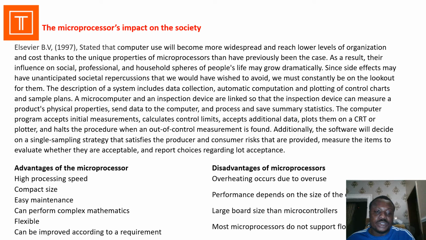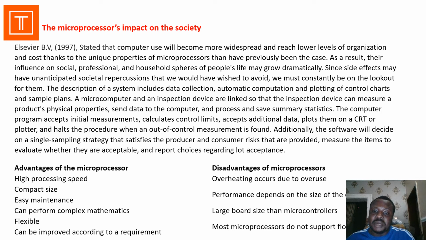Advantages: high processor speed, compact size, easily maintained, can perform complex mathematics, flexible, can be improved according to requirements. Example, we can upgrade from dual core to Core i3 if the board is compatible.